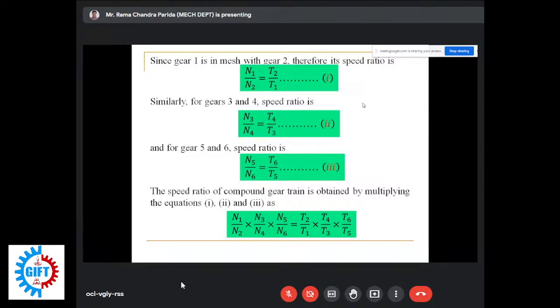A motor shaft is connected to gear 1, which rotates at 50 rpm.